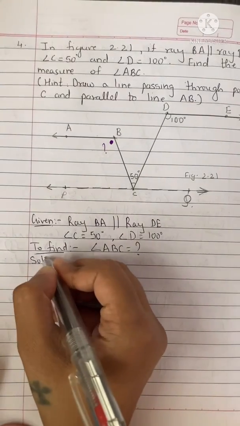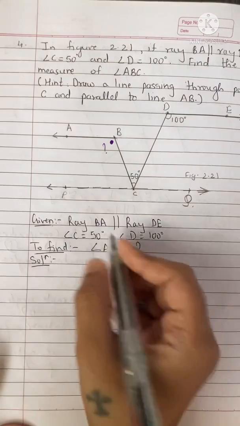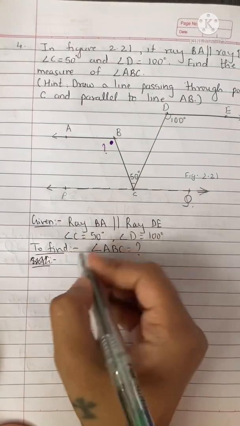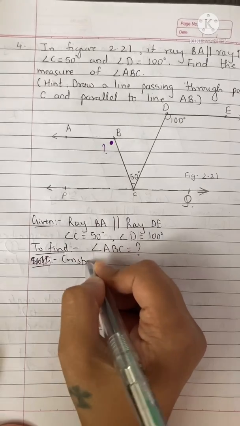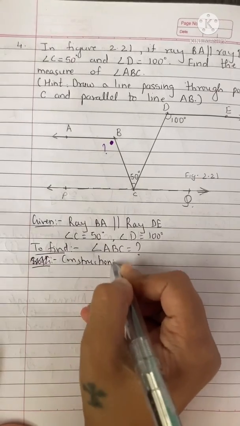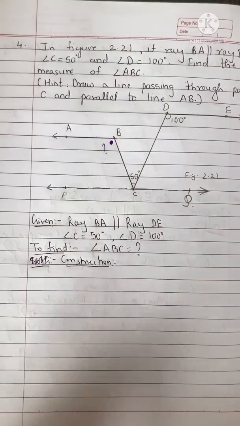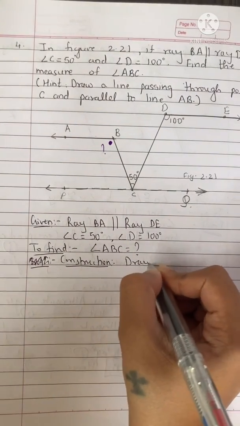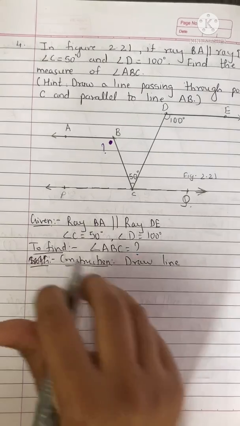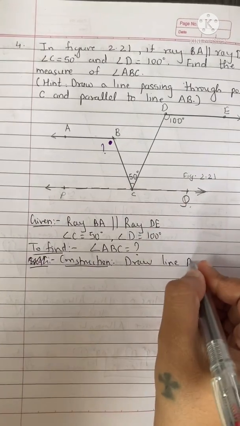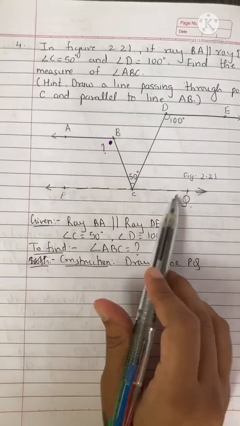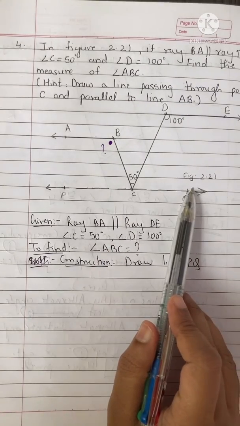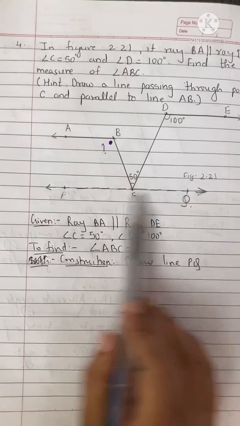Now in the solution, you write down the construction part, or you can write it with a different heading, Construction, that will be better. So the examiner will understand that you have done the construction. Draw line PQ. That's why I have given the name PQ to this line, so that the examiner understands.